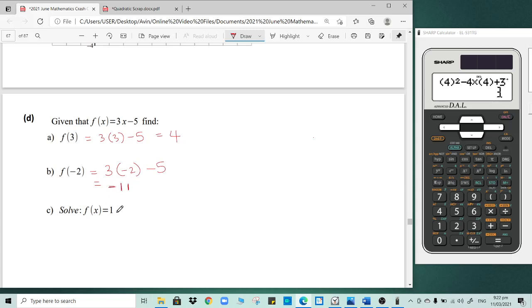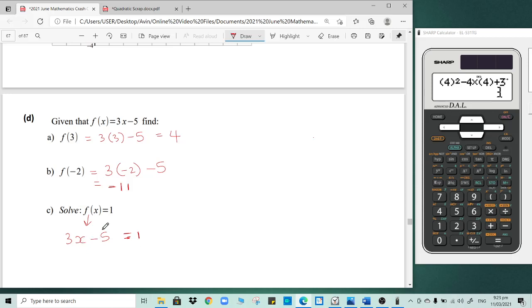The next one, you notice f(x) is equal to 1. The 1 is not inside the brackets. In fact, the 1 is on the other side of the equal sign. So what you need to do is take f(x) and replace it with 3x minus 5, and then put it equal to 1.